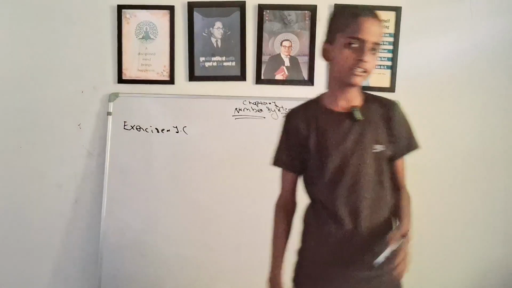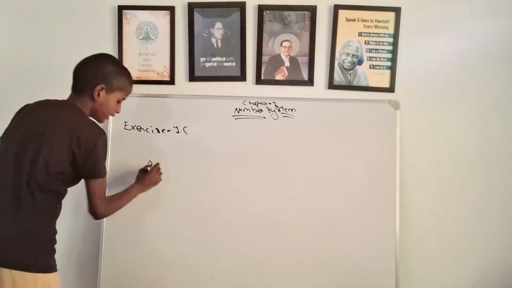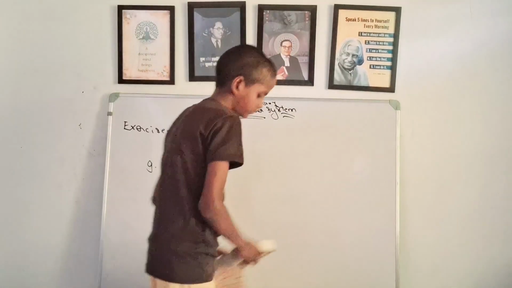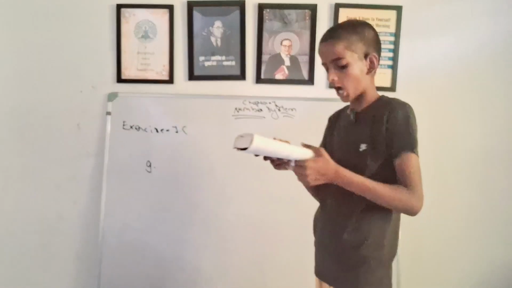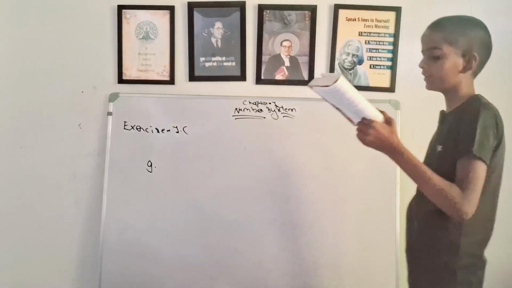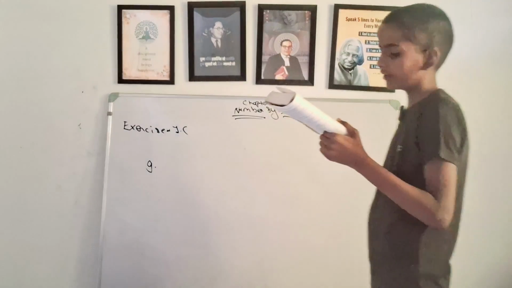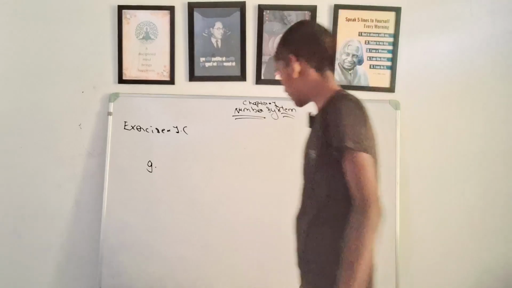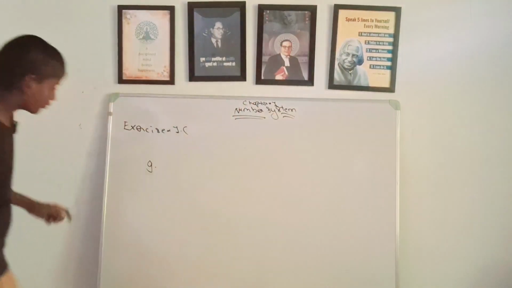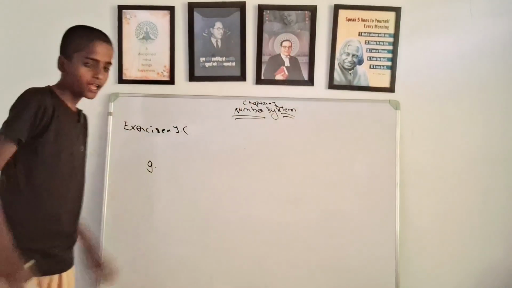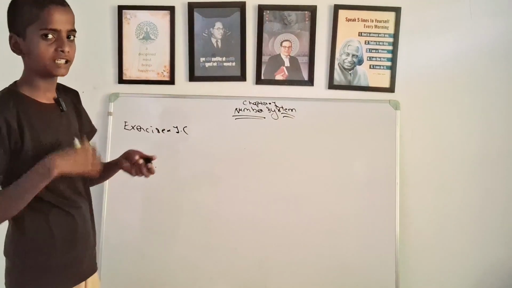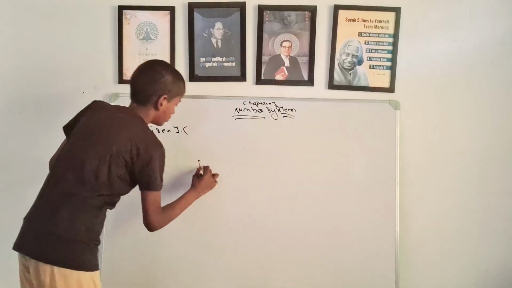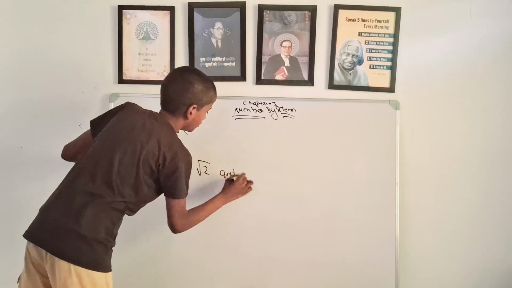And after that our ninth question. What does the question say? How many irrational numbers lie between root 2 and root 3? Find any 3 irrational numbers lying between root 2 and root 3. The question is asking how many irrational numbers are between root 2 and root 3.